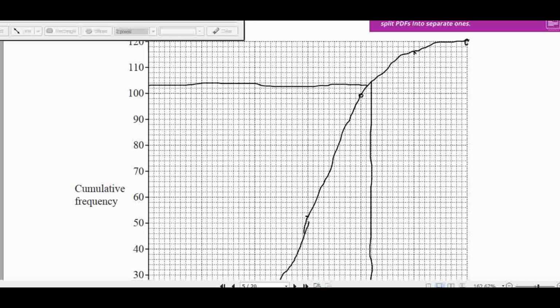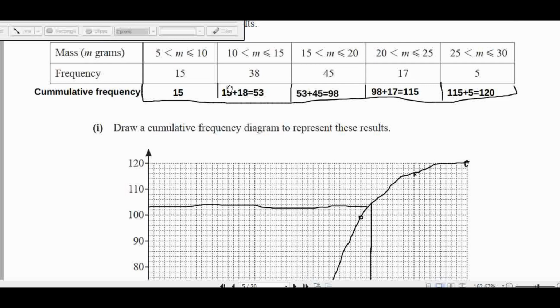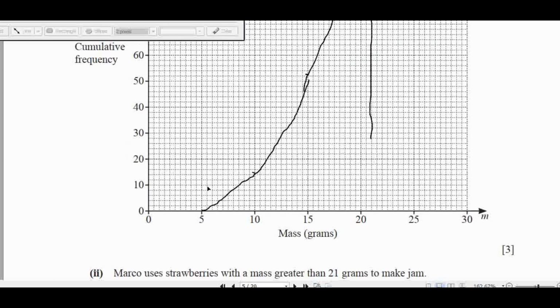Now according to our table, the cumulative frequency for 5 to 10 is 15, but less than 5 is 0. So I will start 5 at 0. 5 is 0, 5 to 10 is 15. So on 10 I will mark 15, roughly.